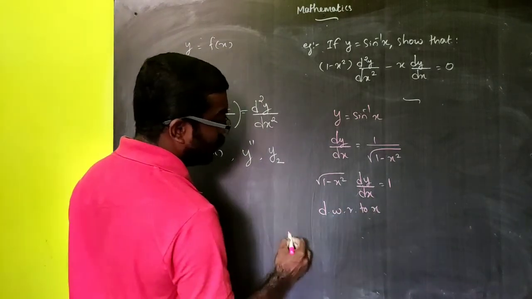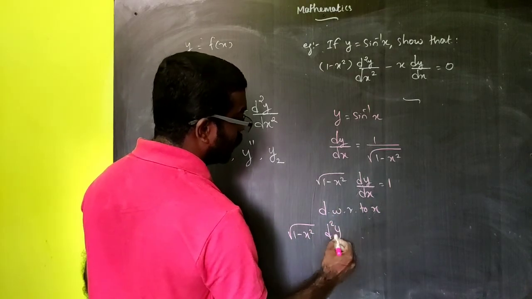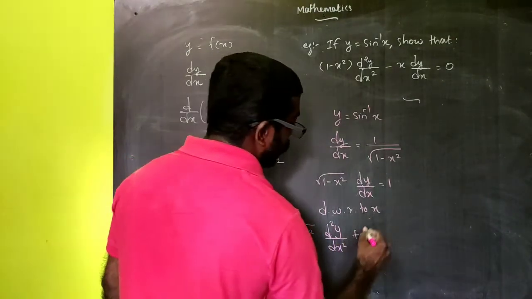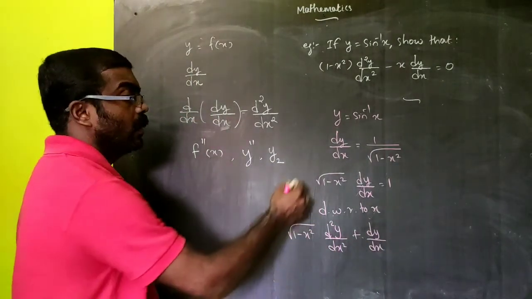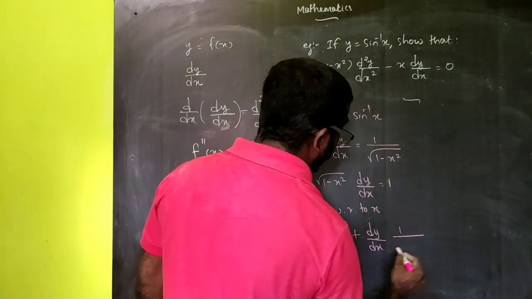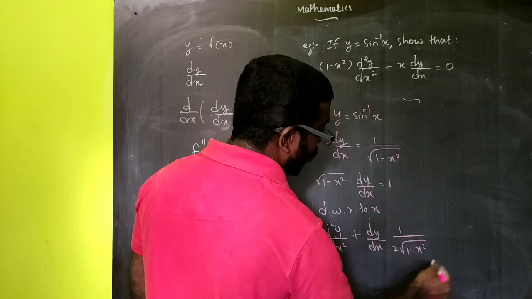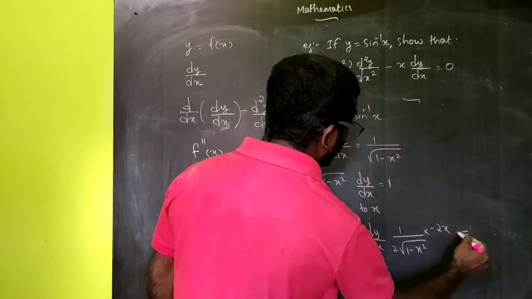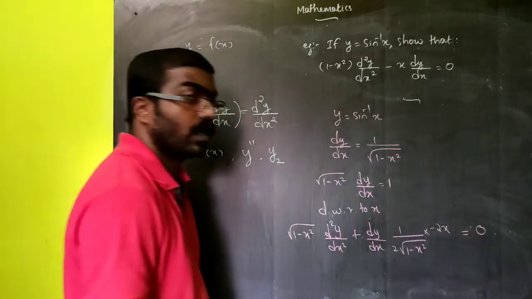Here product rule: root of 1 minus x square into derivative of dy by dx, that is d square y by dx square, the second order derivative, then plus second function dy by dx into derivative of the first one, root x derivative 1 by 2 root x, here 1 by 2 root of 1 minus x square, then derivative of 1 minus x square, chain rule, is minus 2x, which is equal to derivative of 1, and the derivative of a constant is 0.